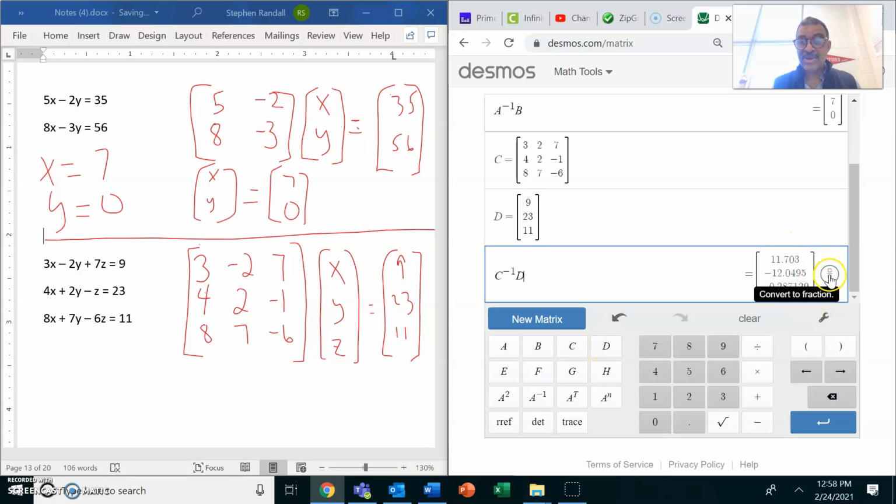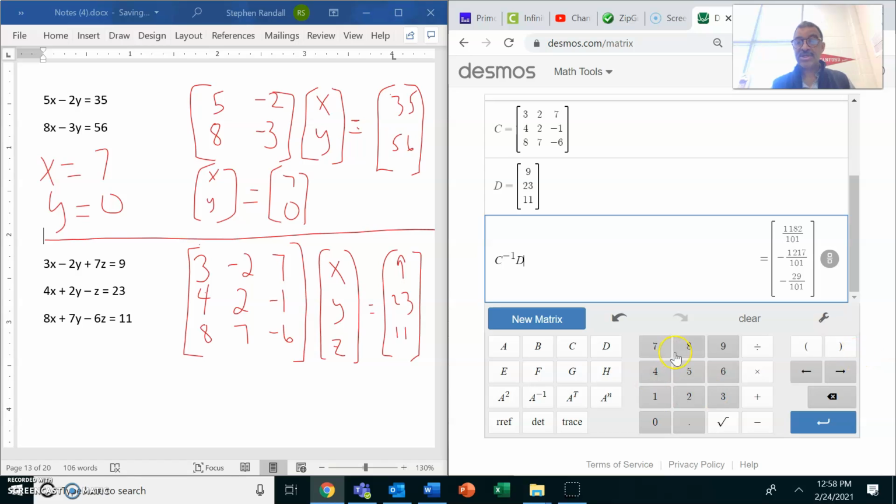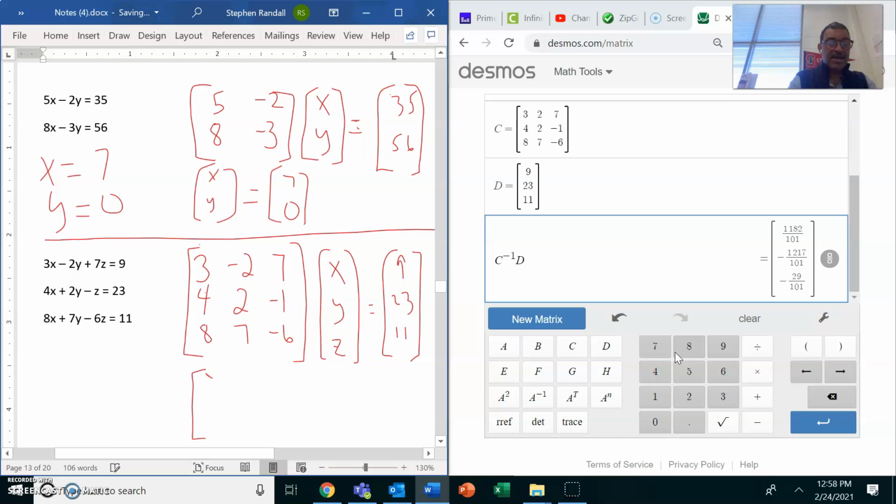I don't like decimals, so I'm going to do fractions. And my answer there is x, y, and z equals 1182 over 101. The second number is -1217 over 101.